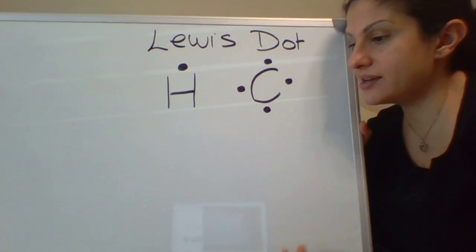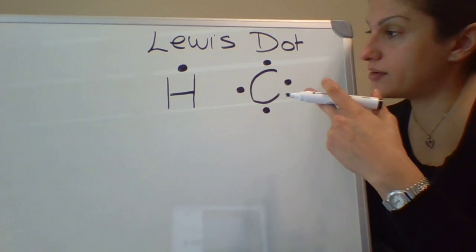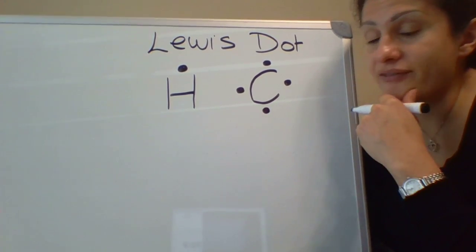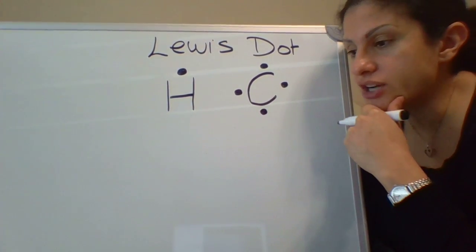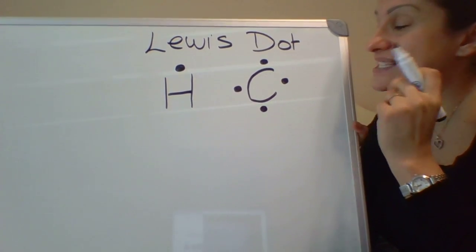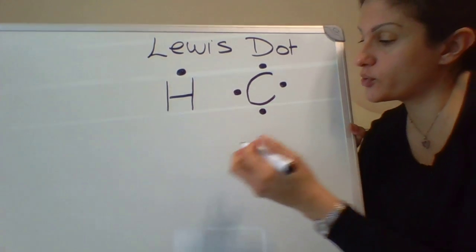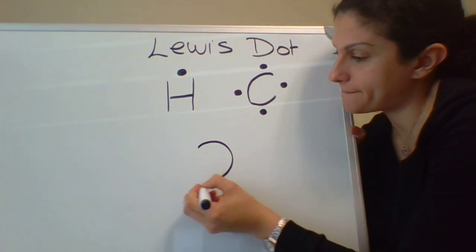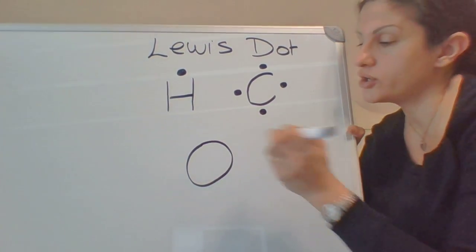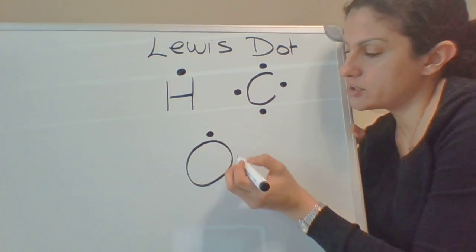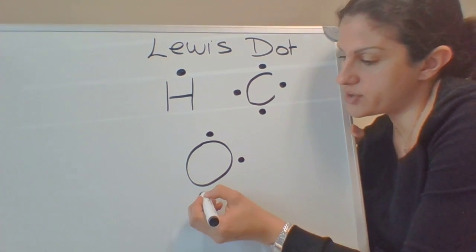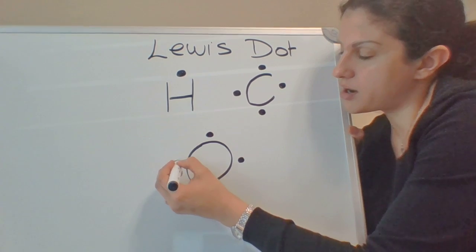If you had done the Bohr-Rutherford diagram for oxygen, oxygen has 6 valence electrons. So if you were to draw oxygen as a Lewis dot, you'll go 1, 2, 3, 4.